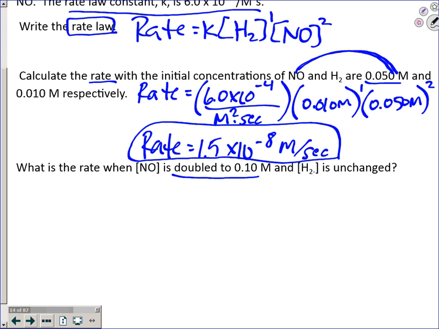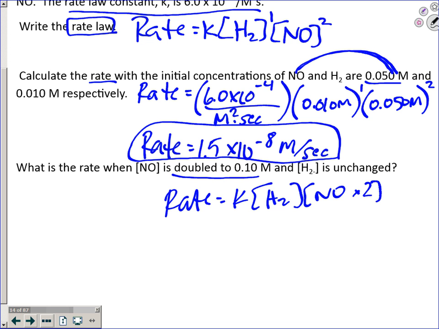So rate equals K times H2 times nitrogen monoxide, but we're doubling the NO concentration, and this concentration is raised to the second power. What have we effectively done? We've multiplied the whole rate by 4, so we take this rate times 4 and get 6.0 times 10 to the negative 8 molar per second.